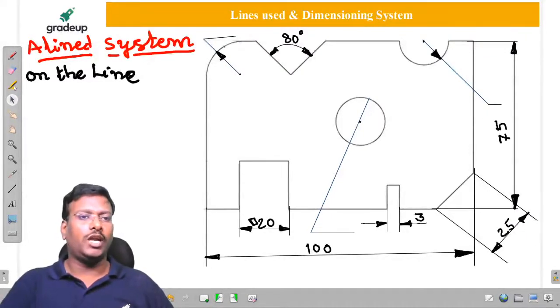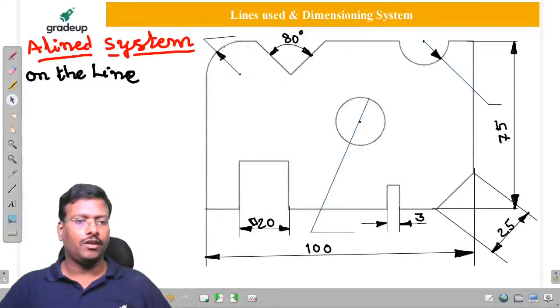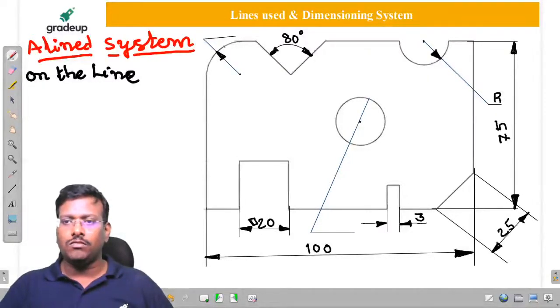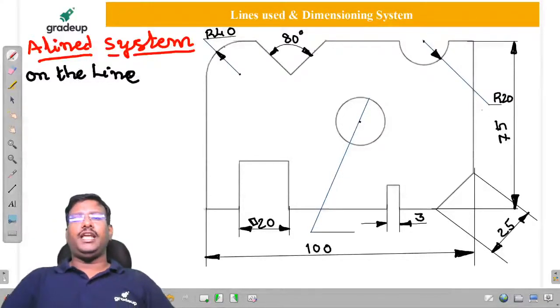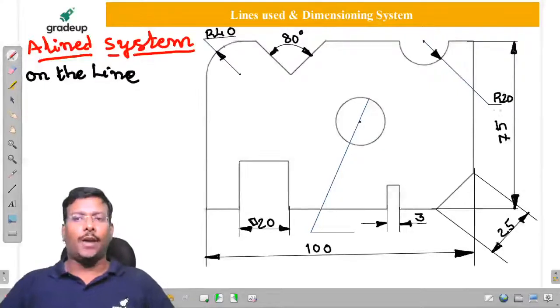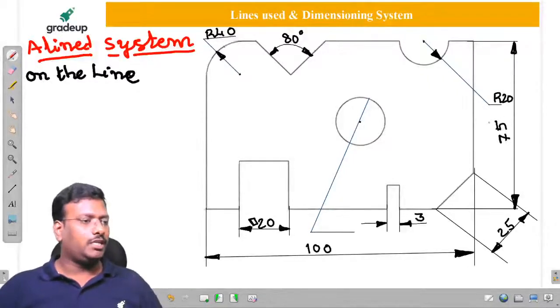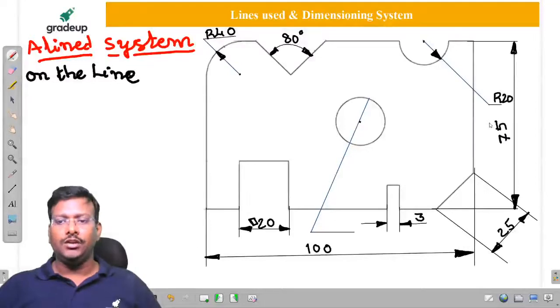So here we have to write it as R20. But here it is R40, let us consider. Sir, once it is a radius, we have to represent it as capital R, and we have to give its unit.